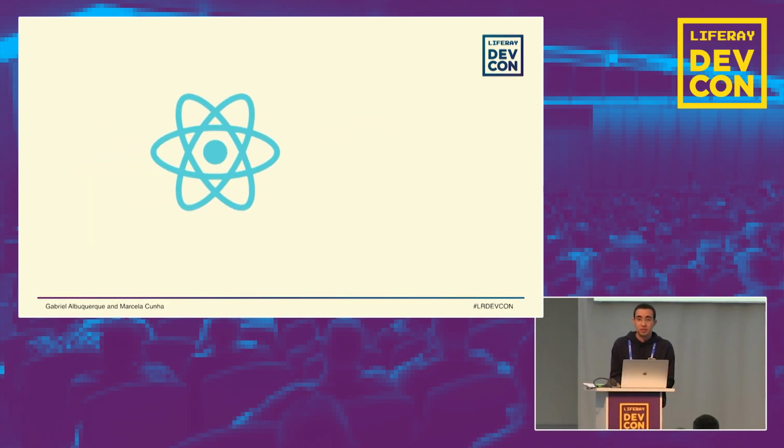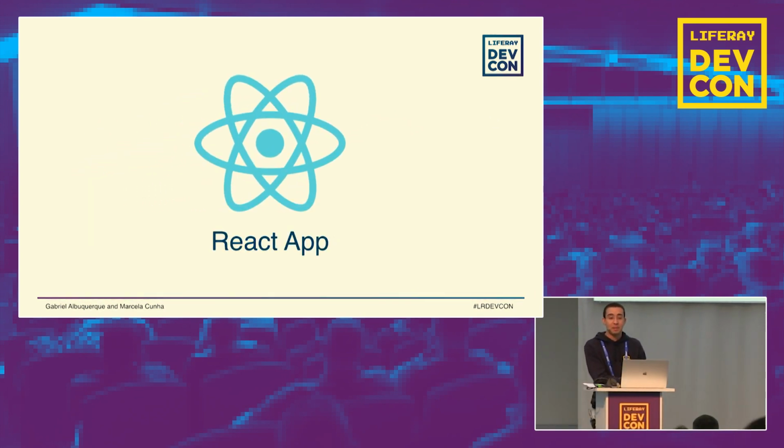But here we are going to use a React app, just to show you how easy it is to use, of course, inside Liferay, because we are already using it in App Builder. And we are going to show you how easy it is to use outside Liferay too, if you want to render some data definition from Liferay.